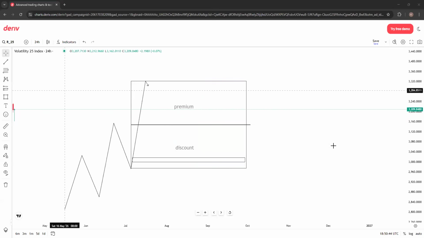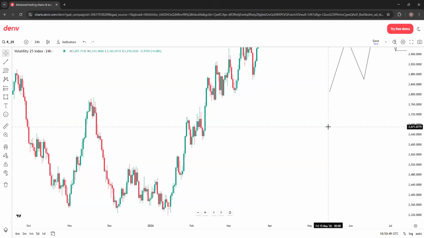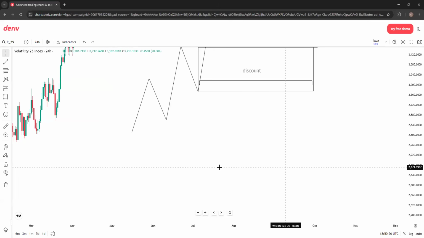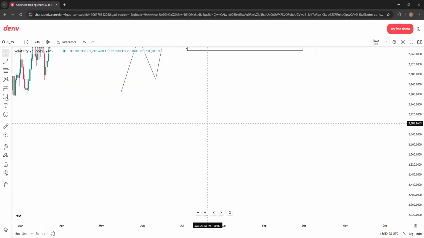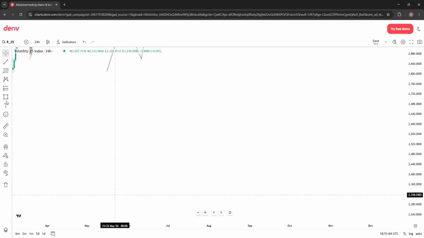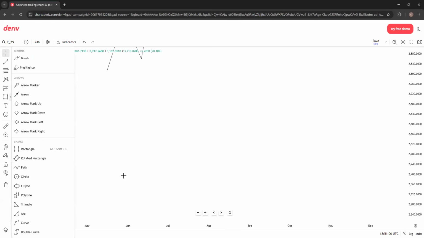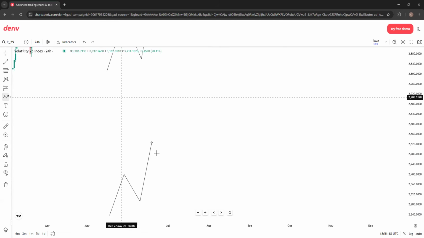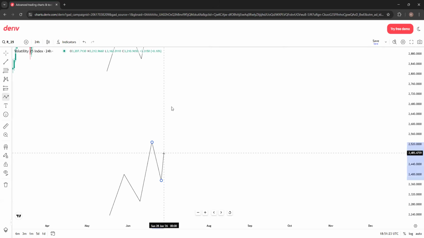Right. So another thing, before I show you this. As we are saying we are in an uptrend, it's not always, guys, that price is to come and buy below the 50% and then continue.